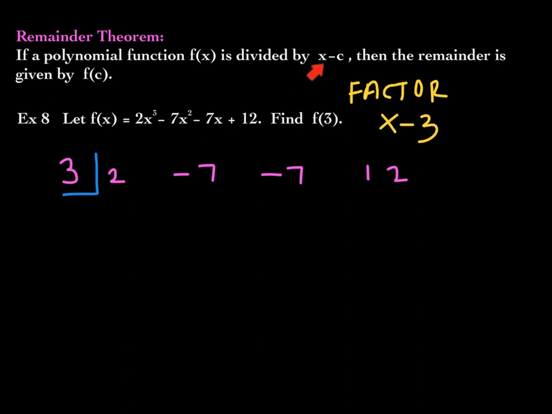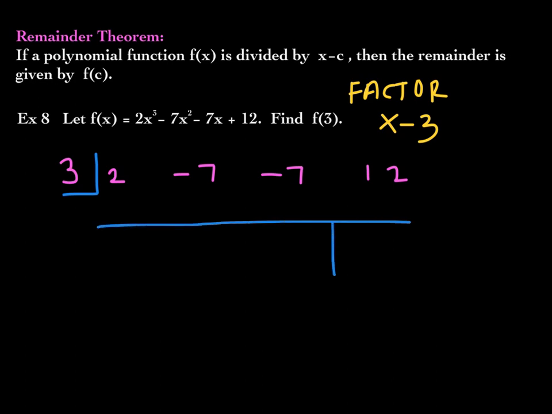See, this is the factor x minus c that they mentioned in the theorem. The factor would be x minus 3. But what goes here is your c value. So positive 3, right? They gave you positive 3 explicitly. All right. So let's use synthetic division.